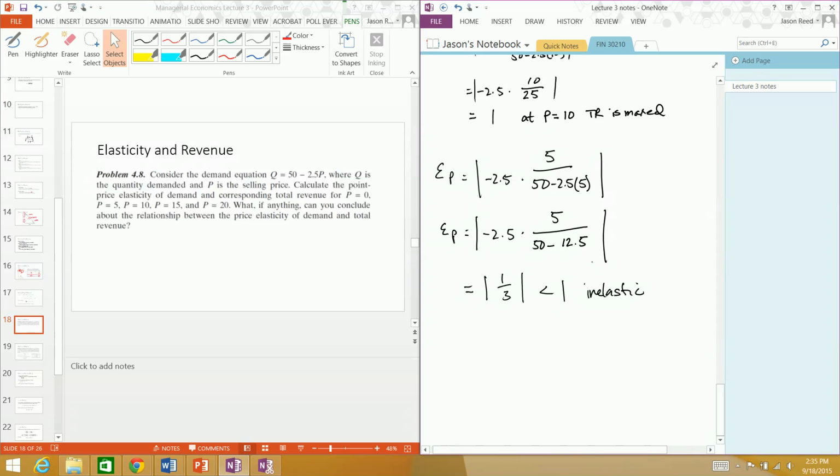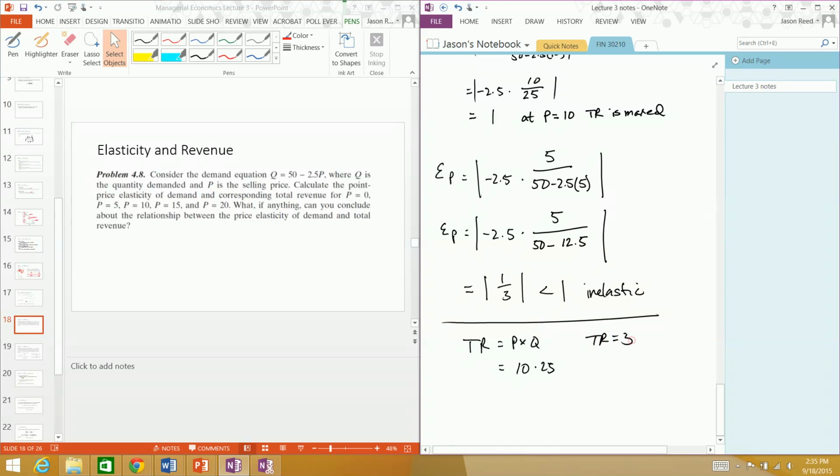Total revenue should be less than what we found before. At a price P, total revenue is equal to price times quantity. When price was 10, quantity ended up being 25, so we have 250 here.